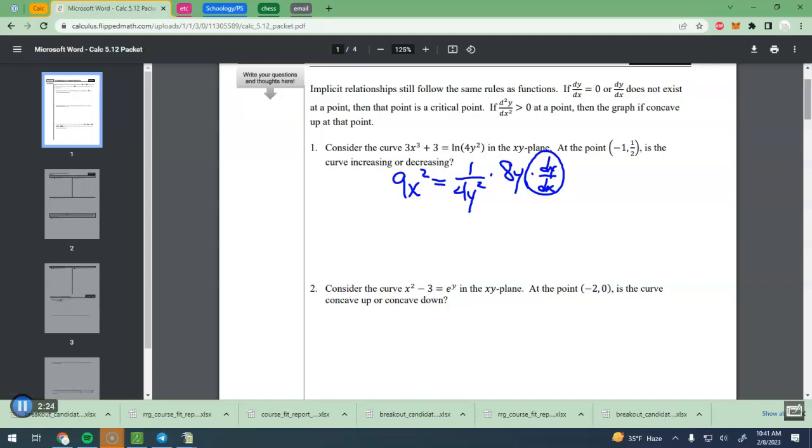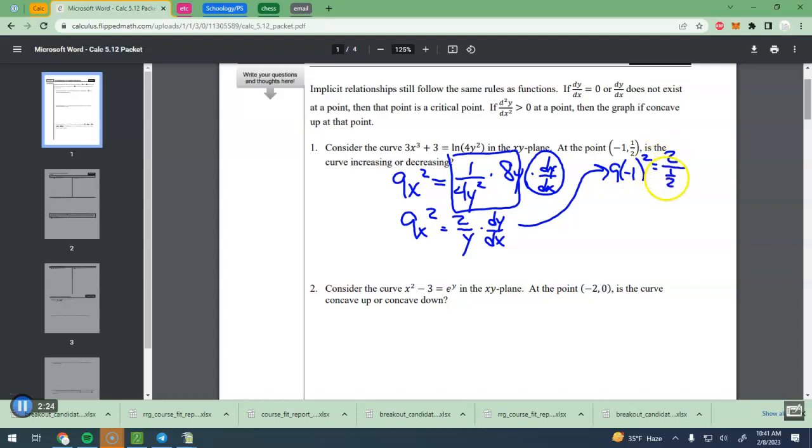You might want to clean this piece up a little bit. So if I go, okay, 9x squared equals, this would be 2 over y. Agree there? So 8 divided by 4 is 2, and then you've got an extra y on the bottom. And then let's say I plug in, so I'll get 9 times negative 1 squared equals 2 divided by a half times dy dx.